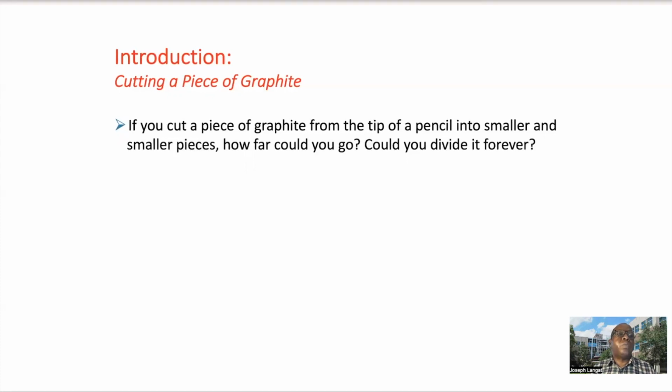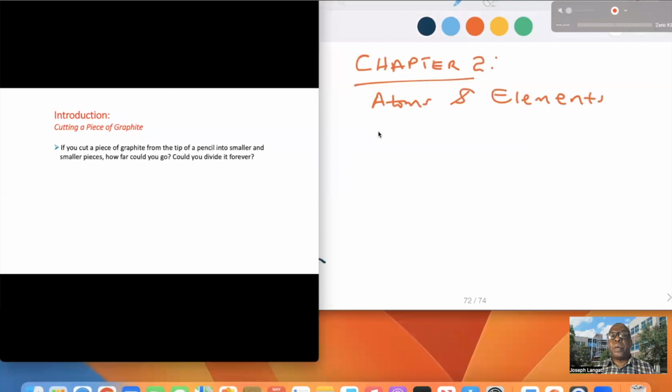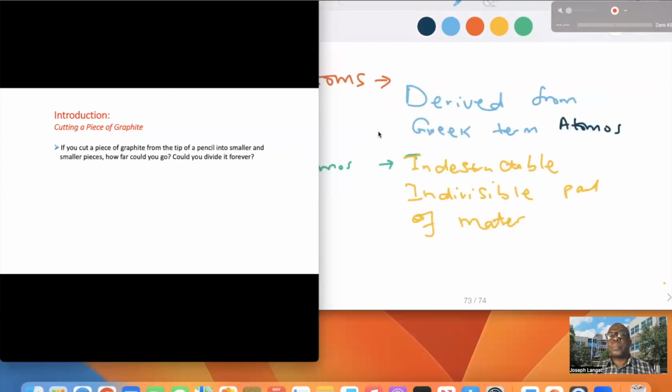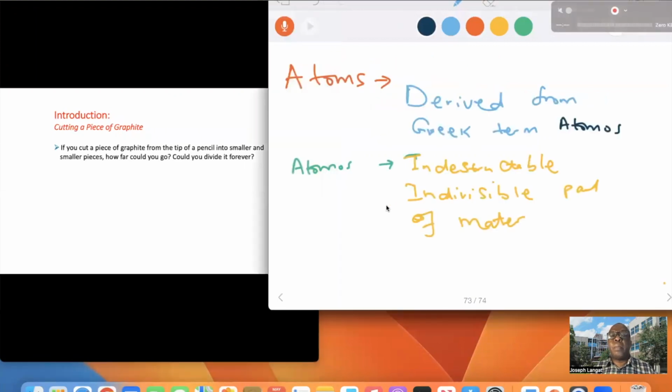The word atom is derived from the Greek term atomos, which means indestructible, indivisible part of matter. No, you cannot divide it forever; you will divide the tip of your pencil to an end, which will lead you to the atom.